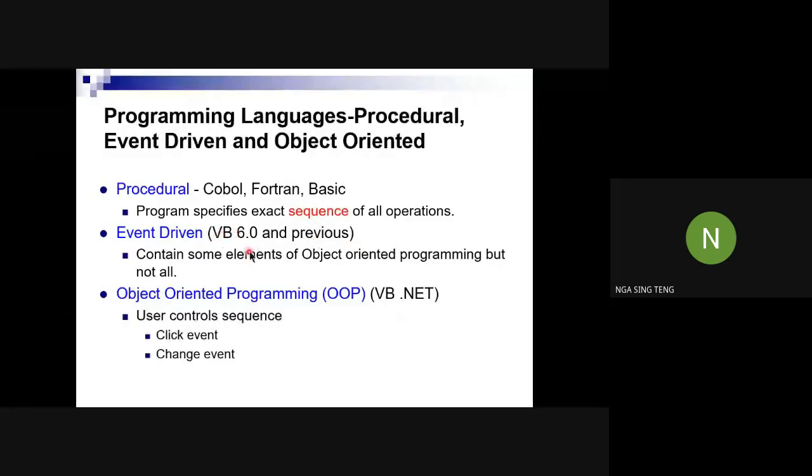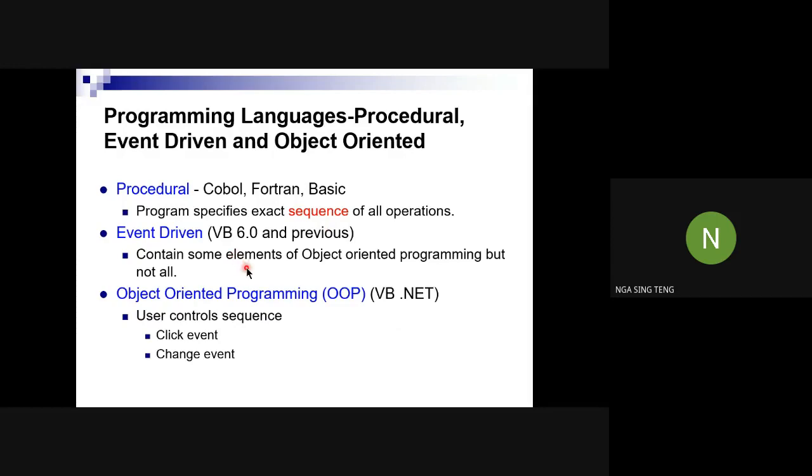And I believe many businesses outside, I believe some of them are still using VB 6.0 because they are reluctant to change already. VB 6.0 is actually quite adaptive, I consider.